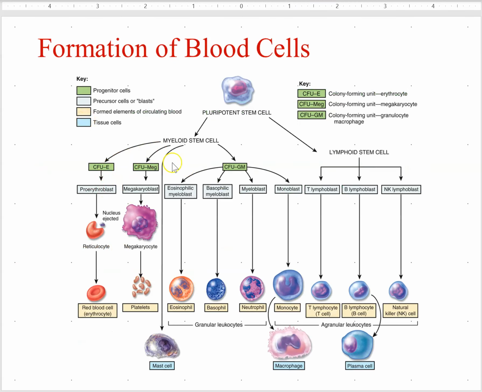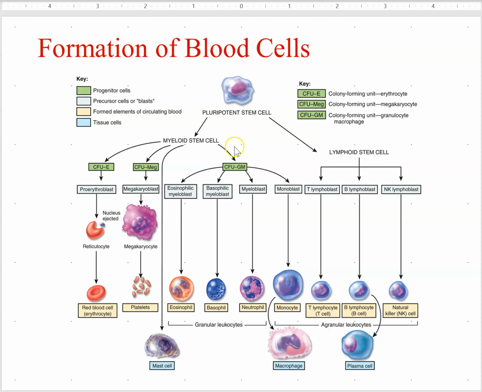So this picture over here shows different stages of development of different types of blood cells. All cells basically generate from the totipotent stem cell in the zygote, the fertilized egg, and the next stage is that of a pluripotent stem cell, which gives rise to multiple types of cells.